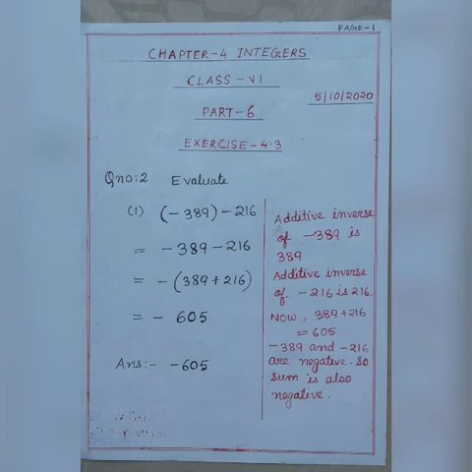So if I find the sum of absolute values of minus 389 and minus 216, I get 389 plus 216, which is equal to 605. As the integers are negative, I have to put a negative sign before the sum 605.